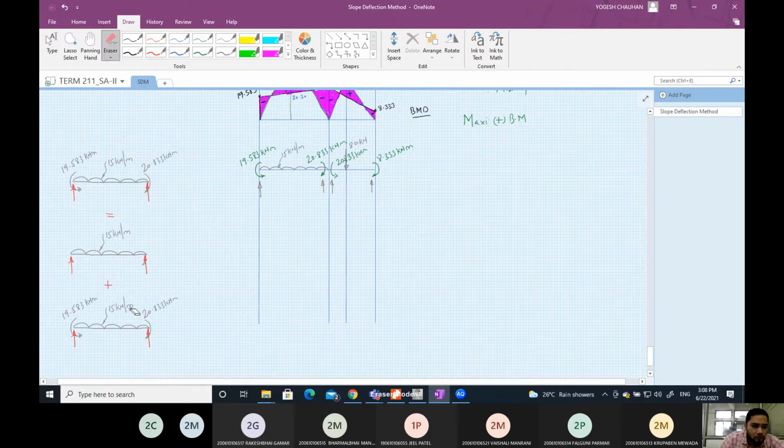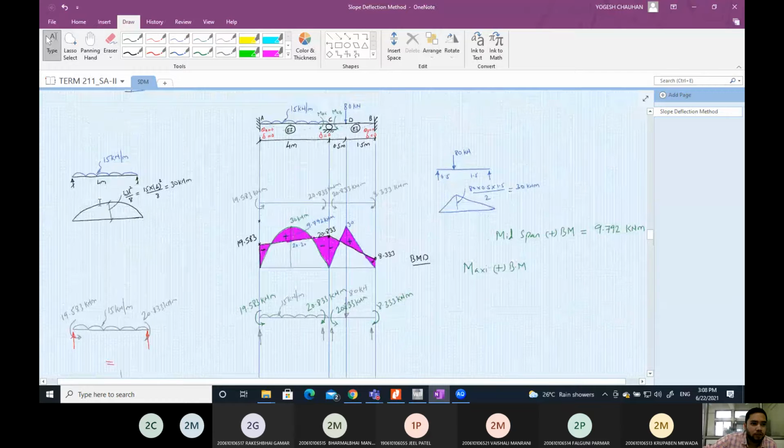Now, okay, no UDL. Okay, so now the reaction for this will be 15. This is 4 meter.